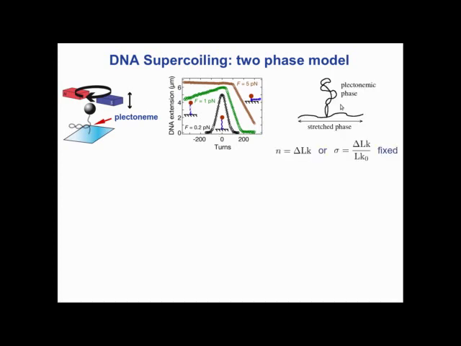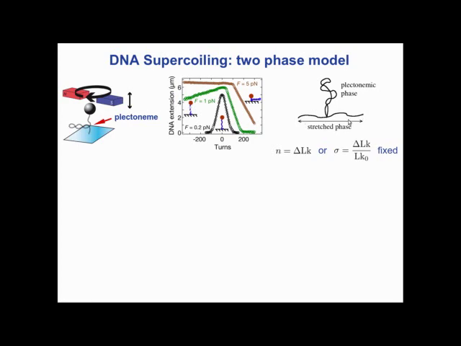So what is the idea of this two-phase model? If we imagine a situation where the DNA is supercoiled, I can divide my supercoiled molecule into a plectonemic region, where I really have this entanglement, actually the supercoiling is here, and another region where the DNA remains more or less stretched.